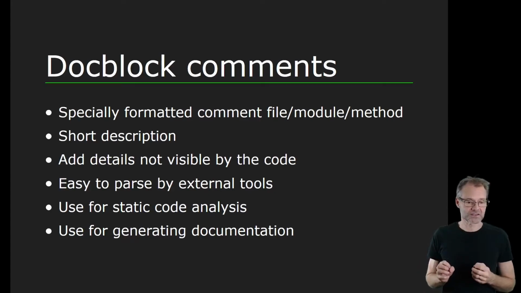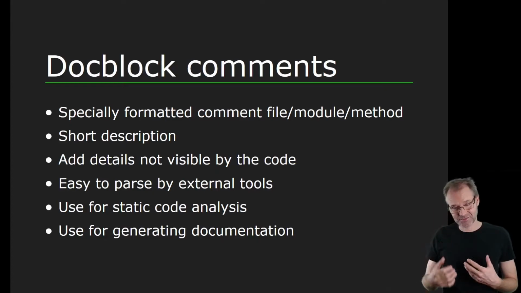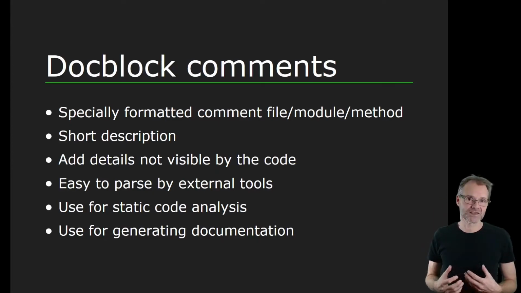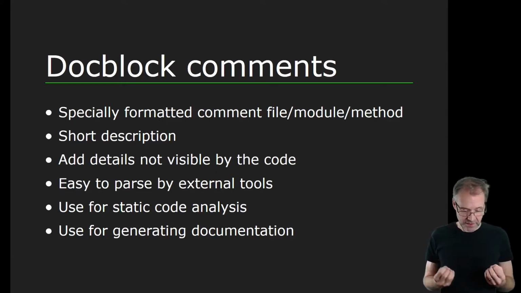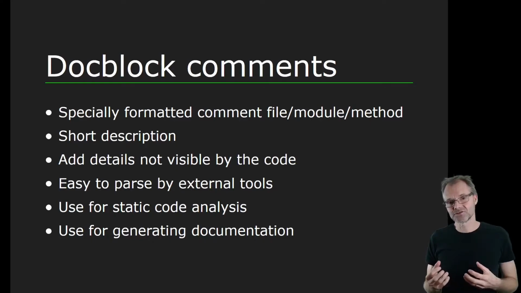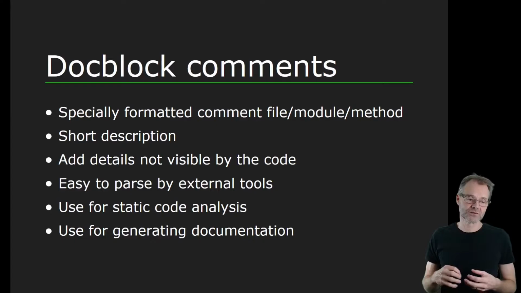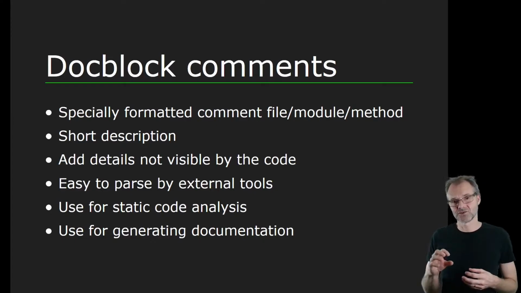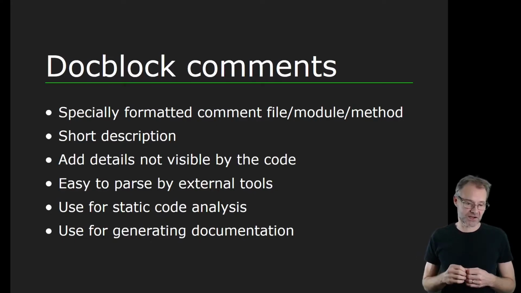It generally contains a short description, and we can add details about incoming parameters, return values, and additional details perhaps that is not visible in the code. There are programming languages where the type is not visible when we send an argument into a function, and perhaps we could use Docblock comments to show what type we expect there.